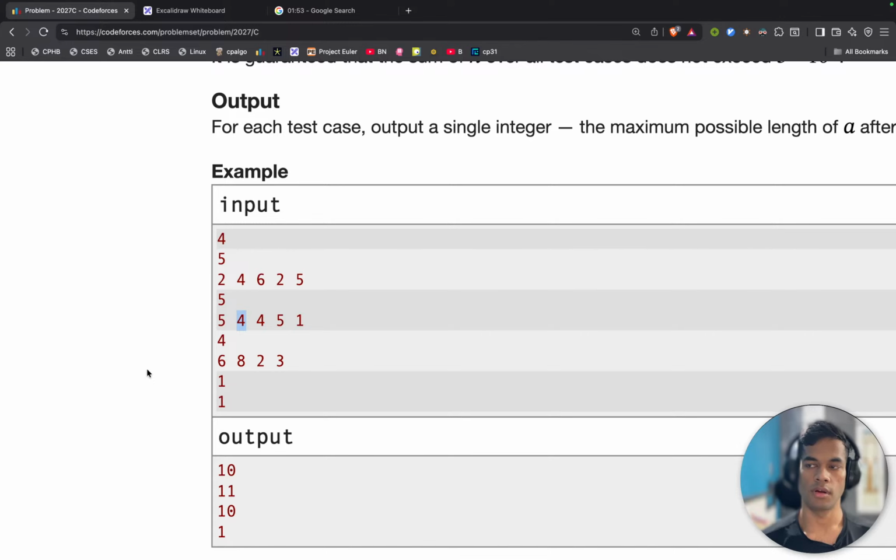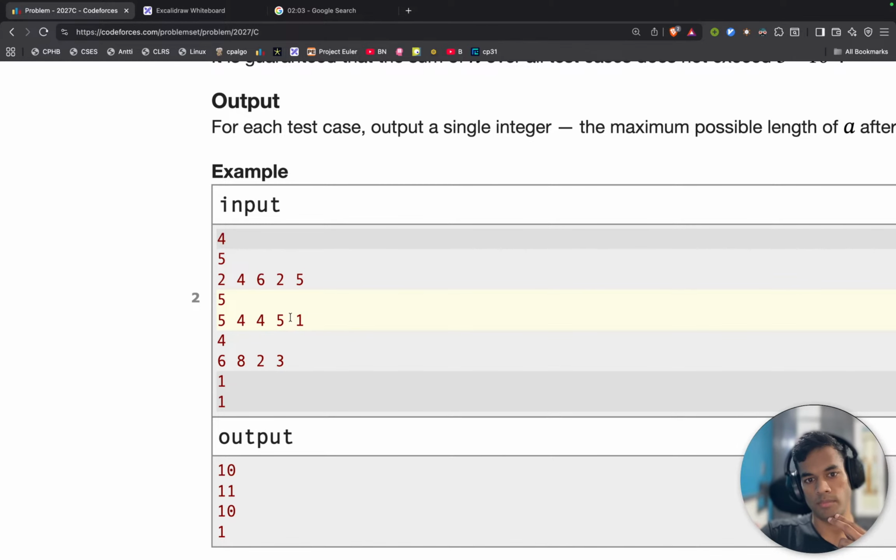Yes, and we will have to go from right to left. We can add a 0 here, right? So we can have the best value till this point, the best value till this point, okay, to make this thing possible.